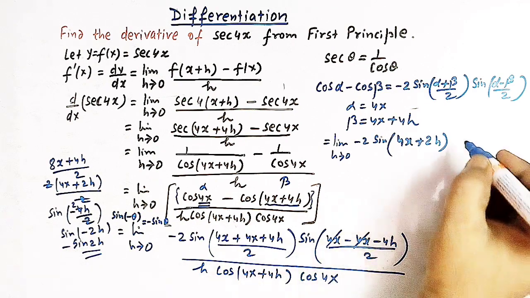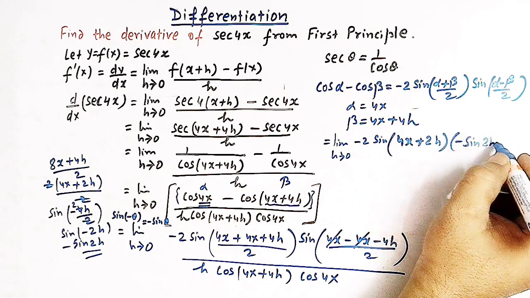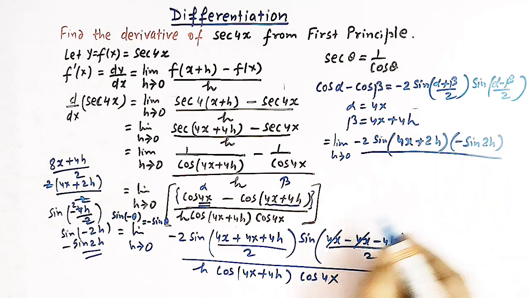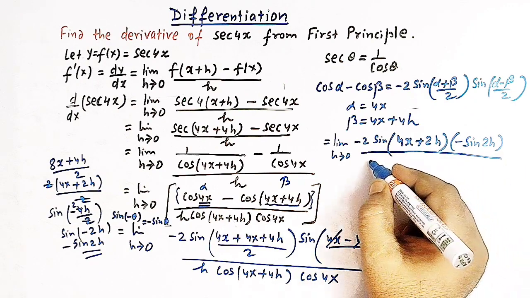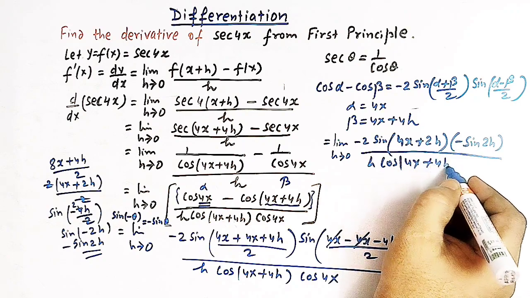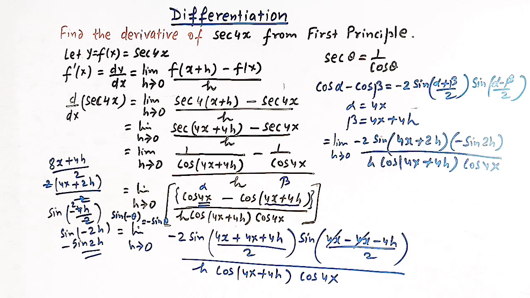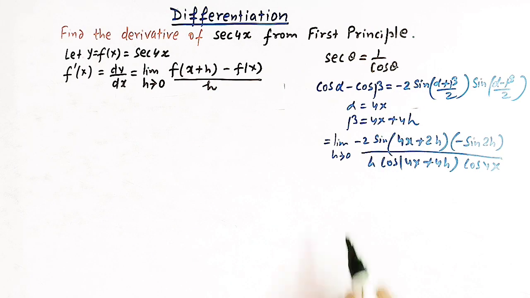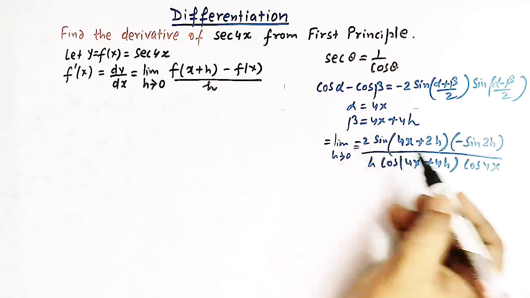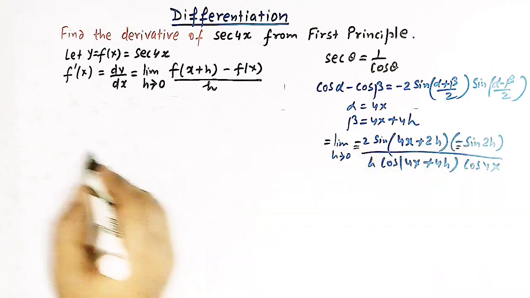So here we have minus sine 2h, and in the denominator we have h times cos of 4x plus 4h, and here we have cosine of 4x. So now this negative sign and this negative sign, when multiplied together, become positive.